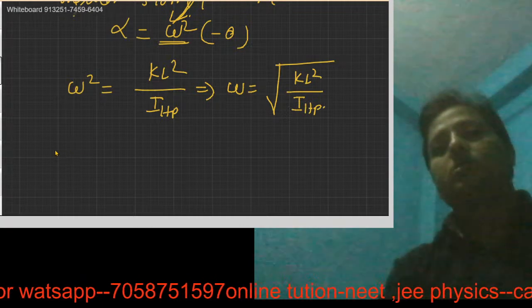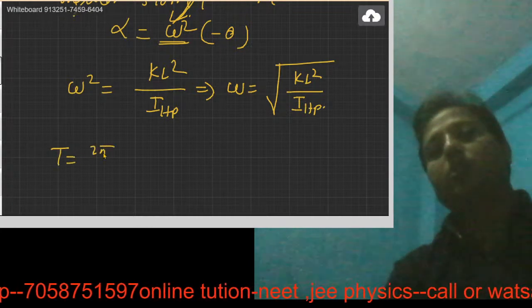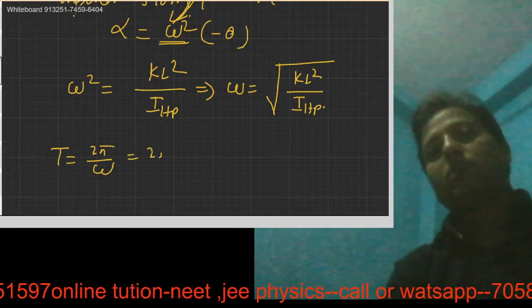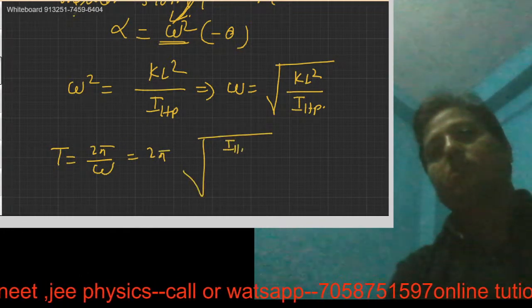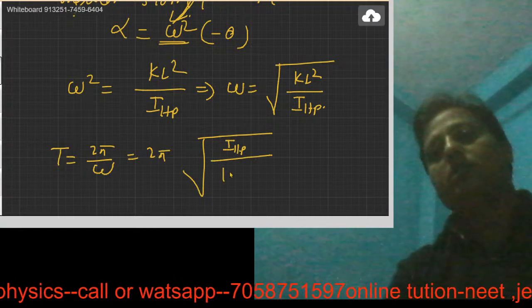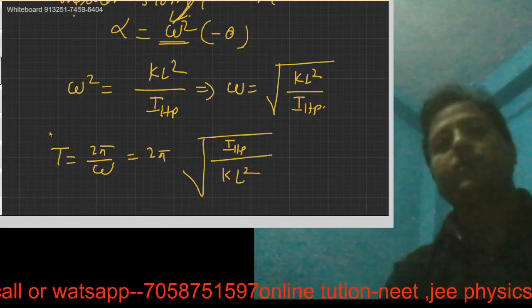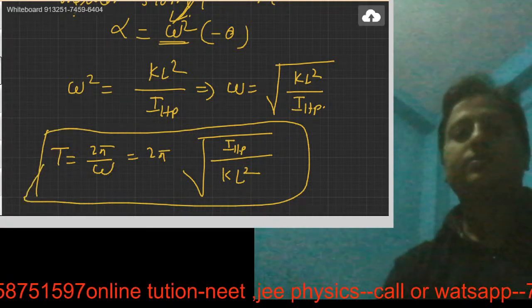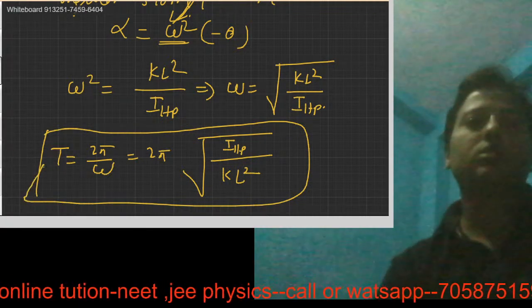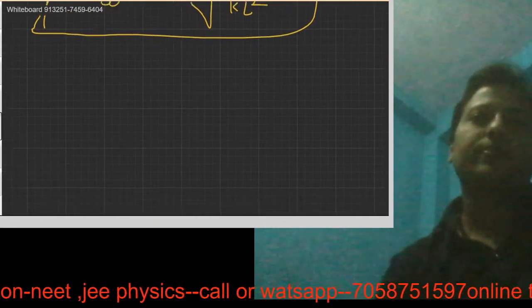So time period is 2 pi over omega. That's why time is 2 pi under root I about the hinge point divided by kL square. So this is the required time period.